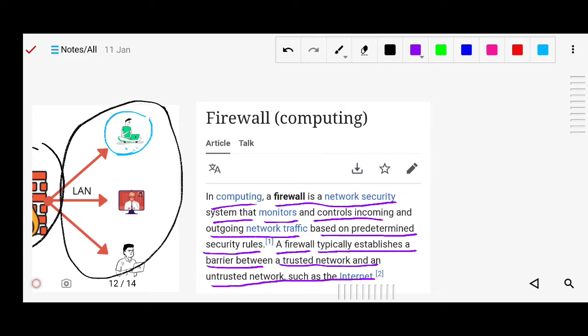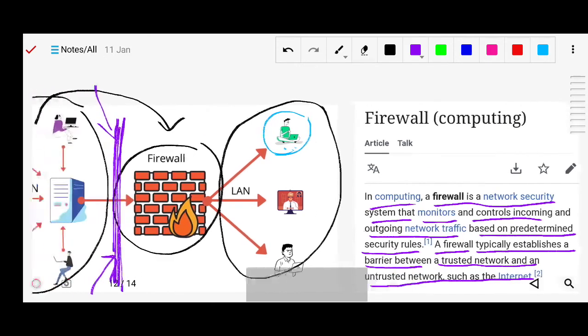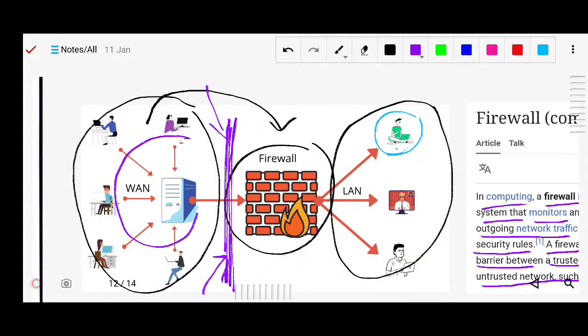Trusted means the signal is genuine and not harmful, you can trust that signal. Suppose somebody, intentionally or unintentionally, wants to hack it, to destroy or to do some bad things, then those signals may be considered untrusted signals.